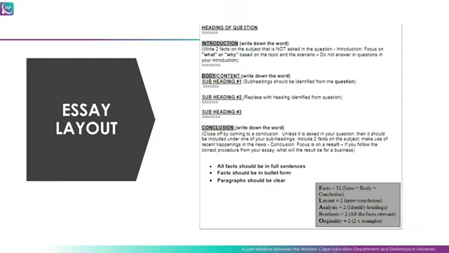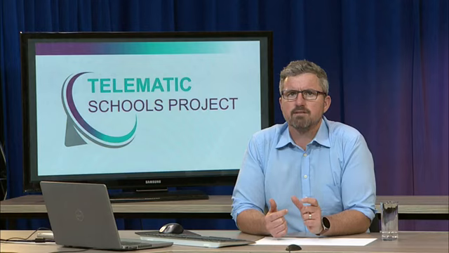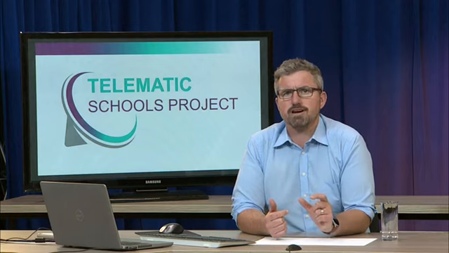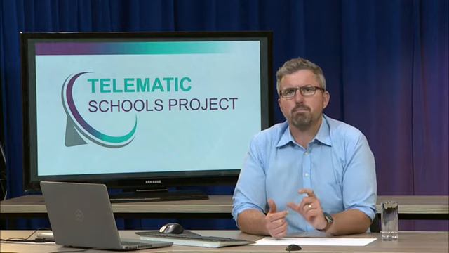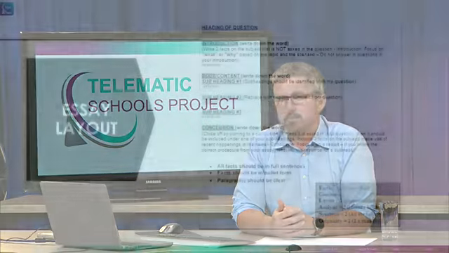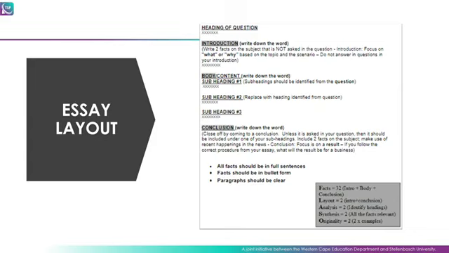Then I often ask the learners to include the heading body, just so that they get the structure. The emphasis in the layout is on having the words introduction and conclusion, but the body is not necessarily always required. But I do encourage that, because under the body you then have your subheadings.